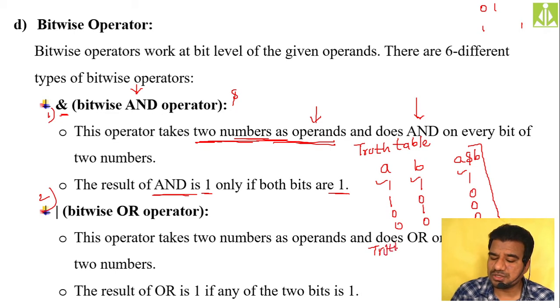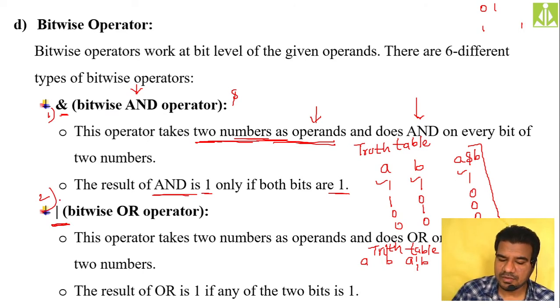The truth table for this one: I think if I write here, you won't be able to see, so I will start from here. A, then B, then A or B. The OR symbol is like this, a vertical line.